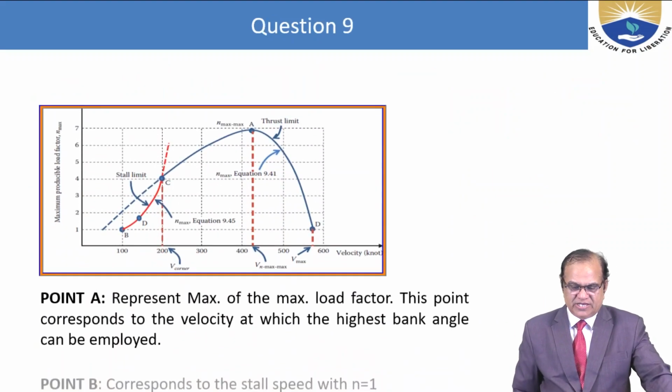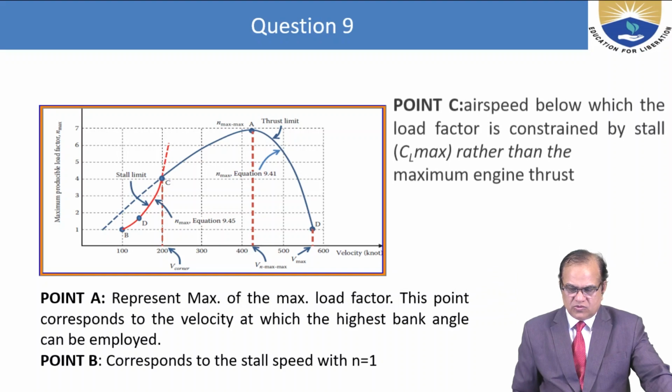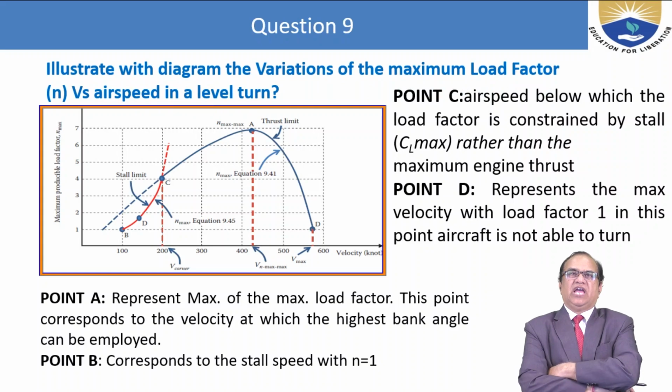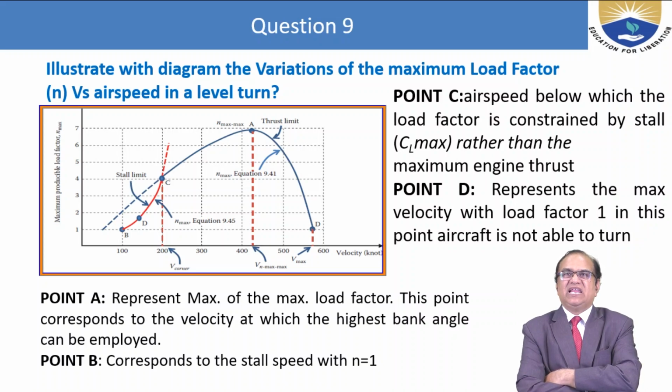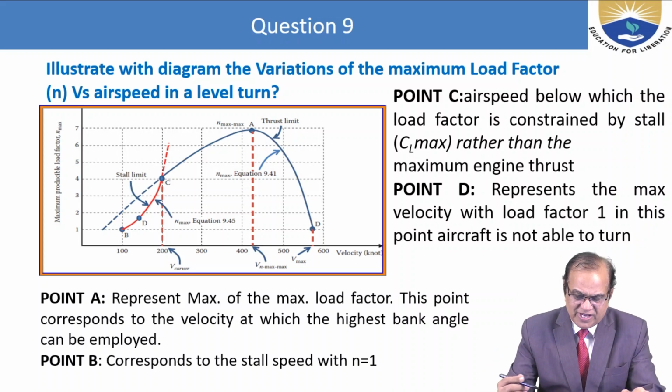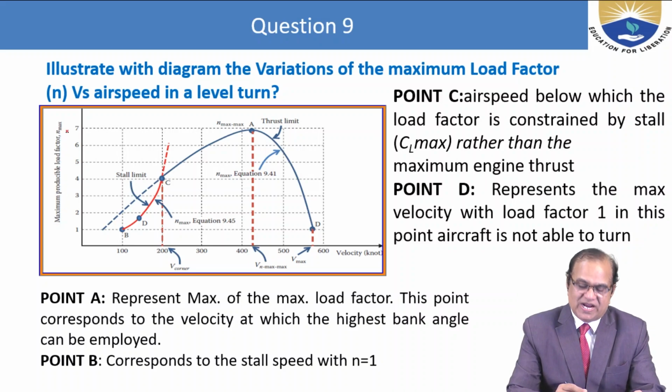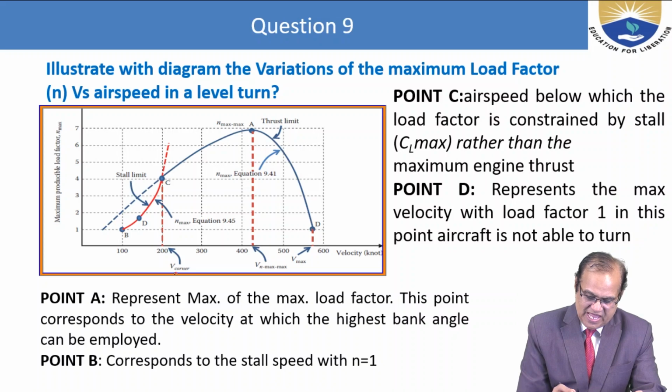So next question is, illustrate in a diagram the variation of the maximum load factor n versus airspeed in a level turn. Very important diagram. This is the maximum producible load factor, that is n maximum, and here is the velocity in this direction.